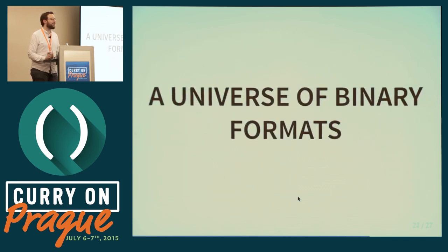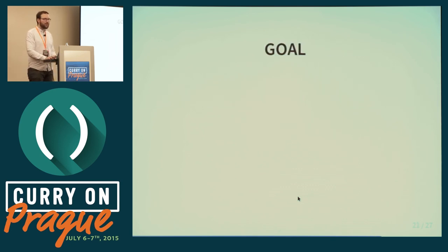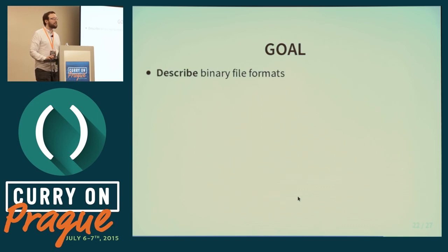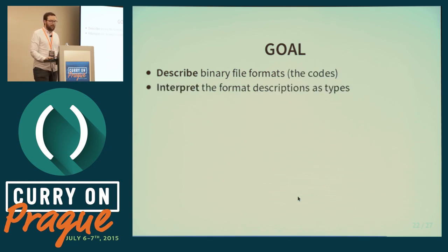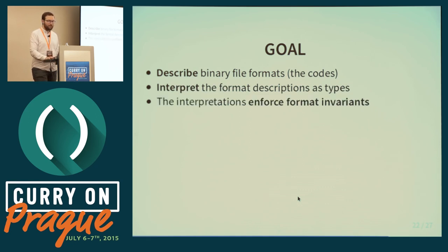And finally, I want to get to the example that I think is really fun. So the goal here is to describe binary data file formats using a universe once and for all. So we define this universe of formats, and then these are the codes, right? And then we interpret these codes as types, because we're using this universe design pattern.